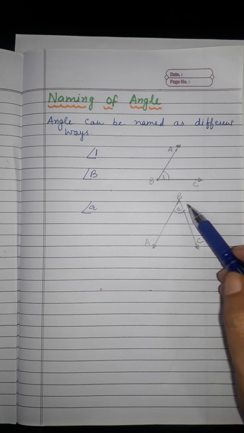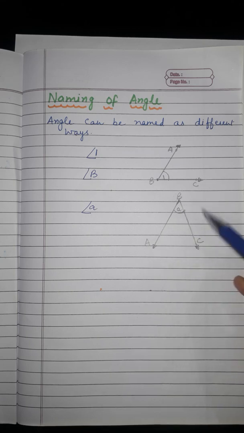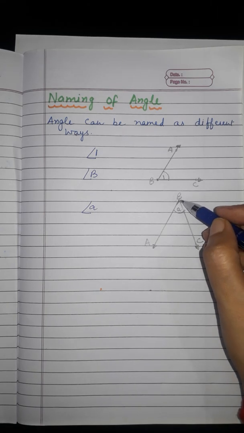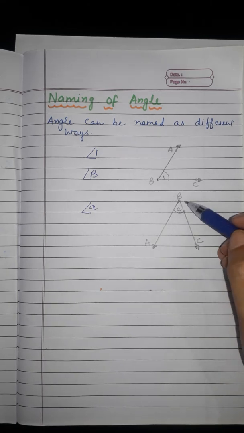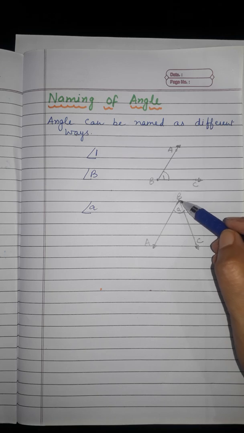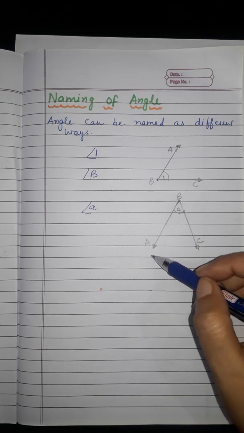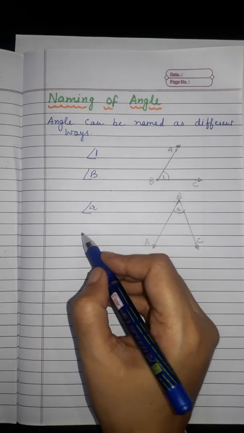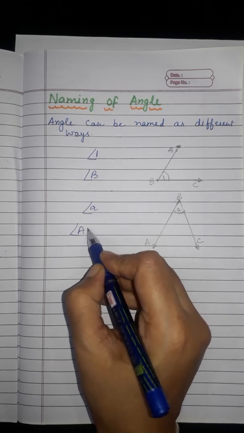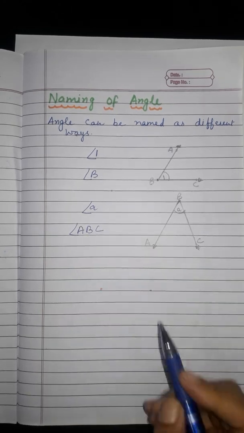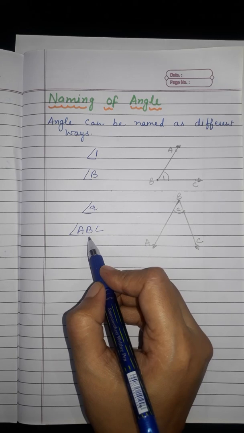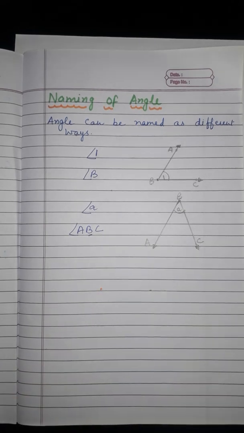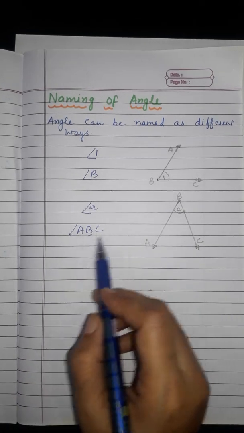While writing the name of the angle using three letters, we will write the vertex in the middle. So here, which one is the vertex? The vertex is B. So the name of the angle should be angle ABC. The vertex is B, so B should lie in the middle of the other two letters.